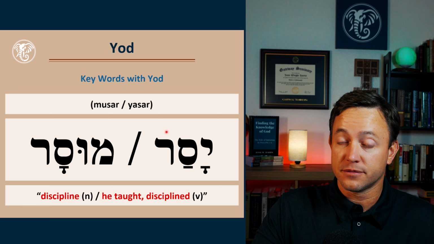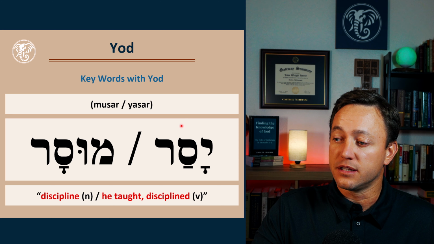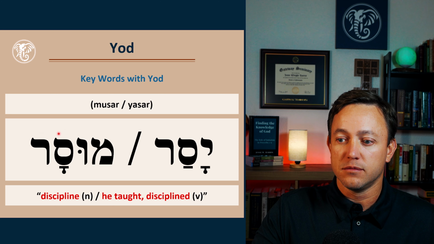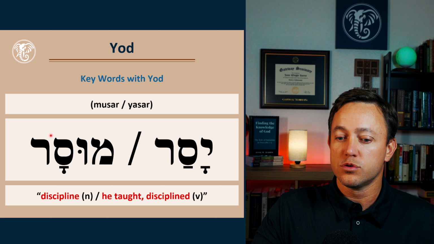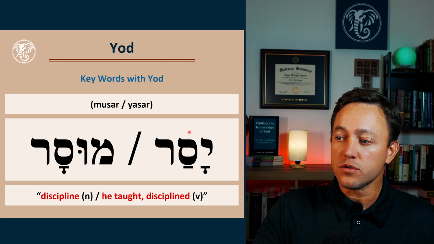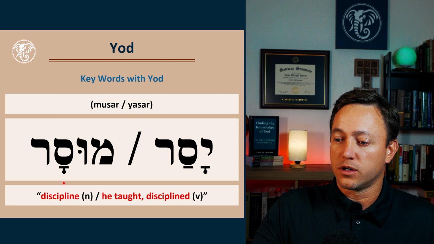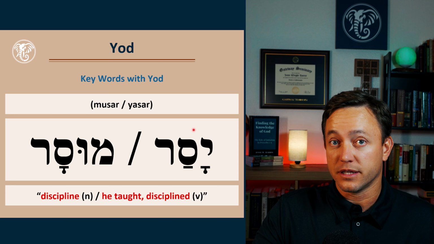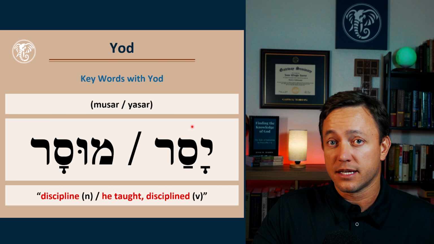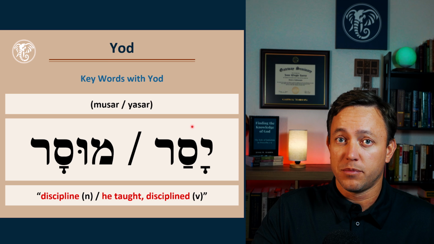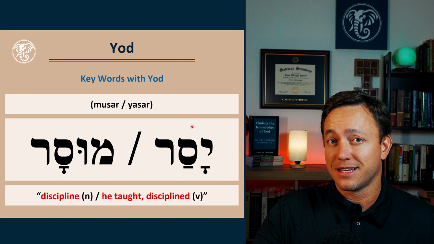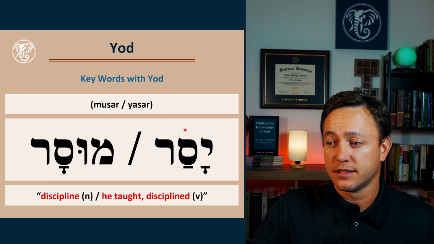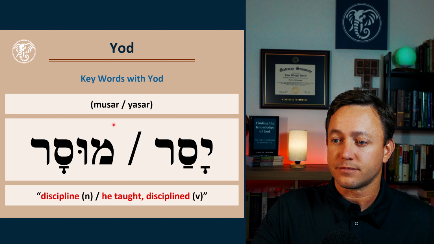So we have here yasar, and musar. So yasar is the word or the verb for he taught or he disciplined. So sometimes it's translated just as discipline, but really it's more discipline in the sense of to teach or to correct, to provide guidance.